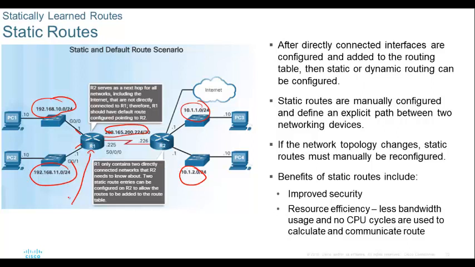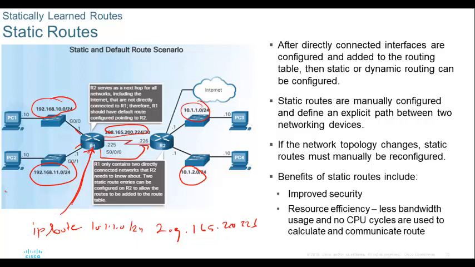So what we need to do is go to this router and say, hey, IP route, if you want to go to 10.1.1.0/24, you need to go to this address 209.165.200.226.